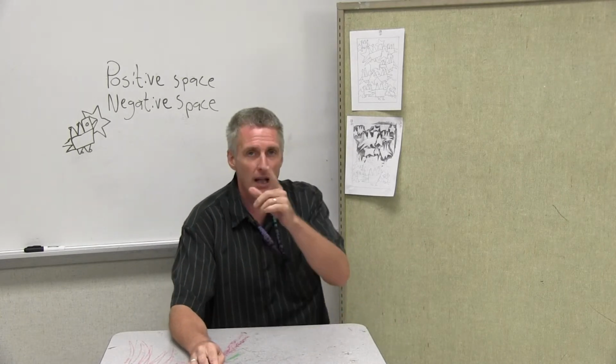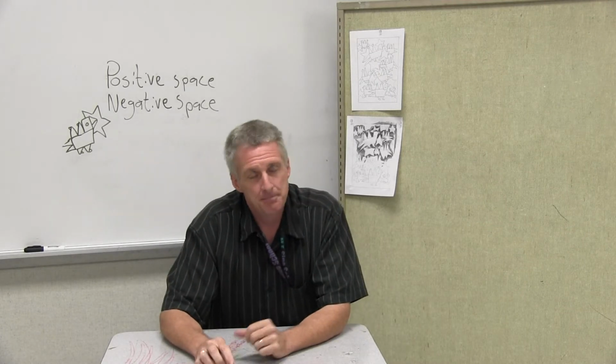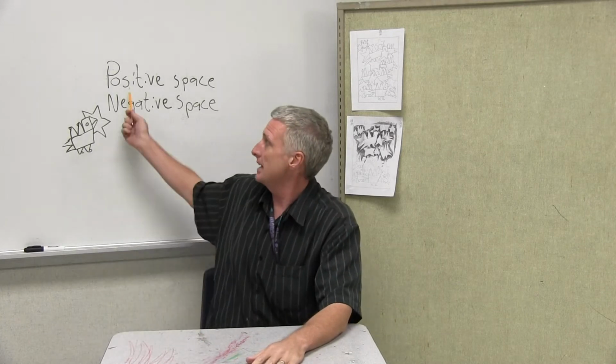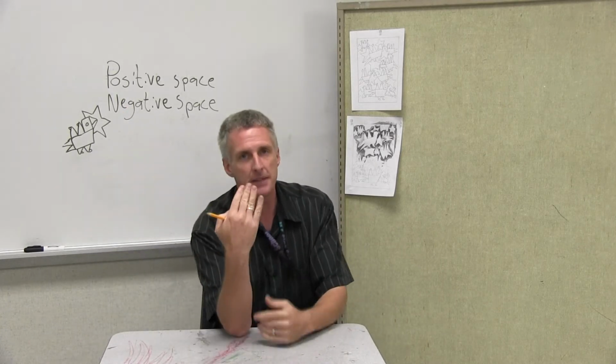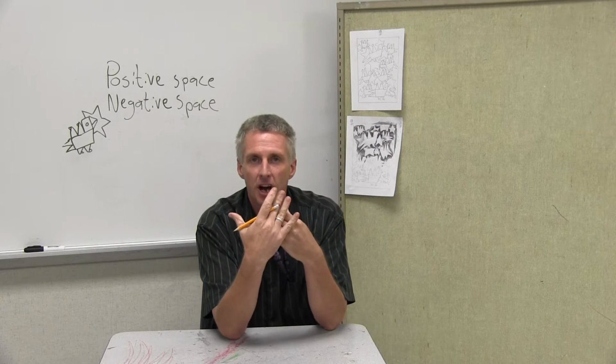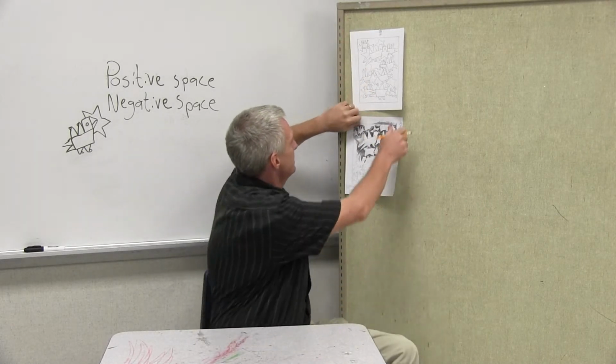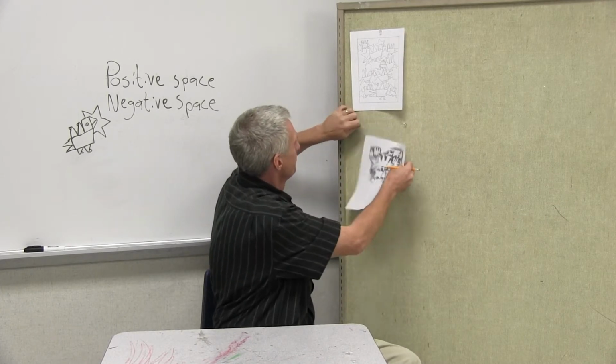And, well, I better start off by sort of defining positive and negative space. By positive space, I mean something that is in front and that you notice. In this case, let's pull up an example.